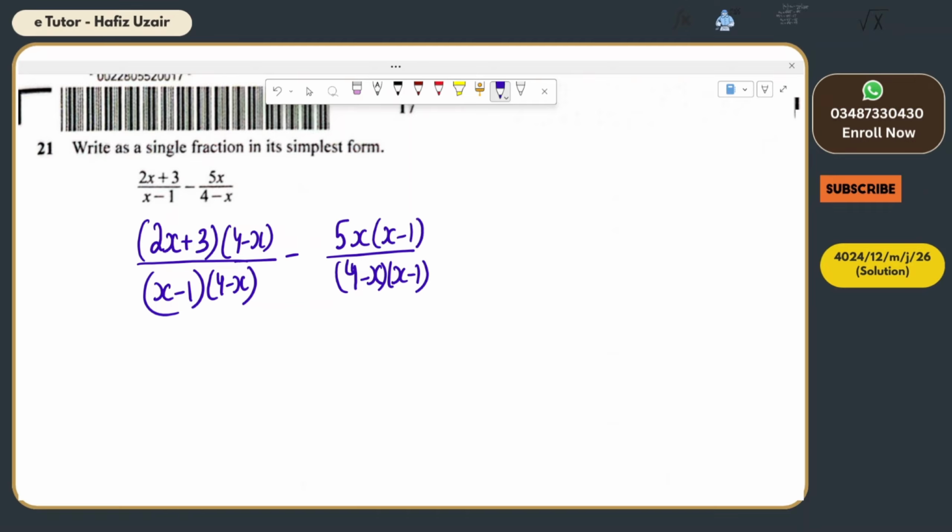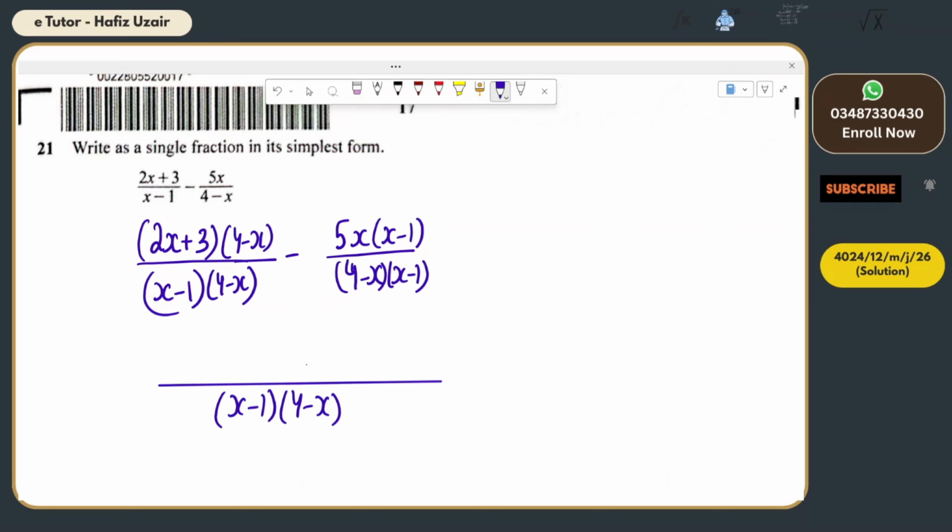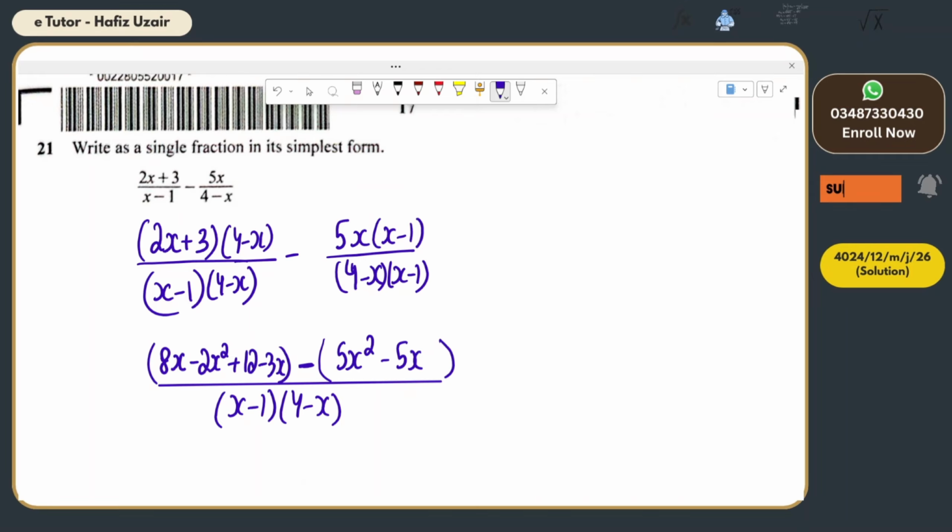Now expand the brackets in the numerator and write the common denominator as it is. You have a minus sign between them, so just expand the brackets separately. Now this will produce 2 times 4 is 8x minus 2x square plus 12 minus 3x, and that will be 5x square minus 5x.